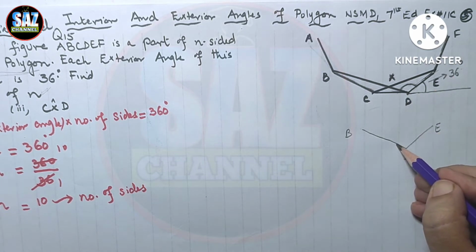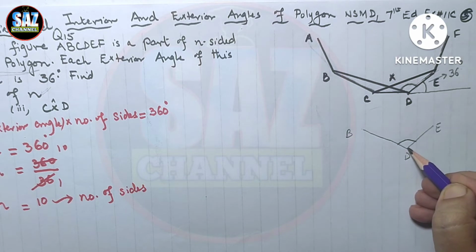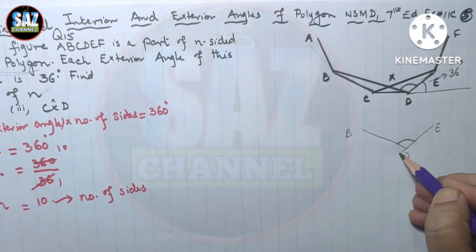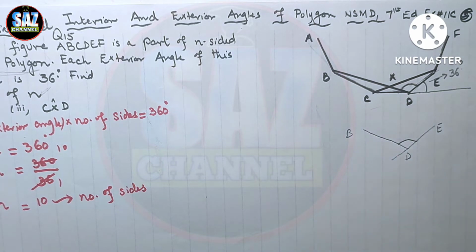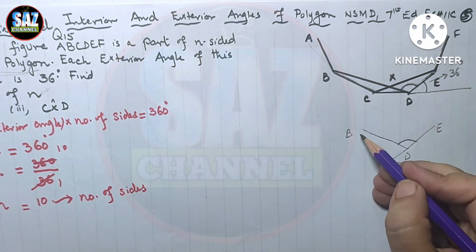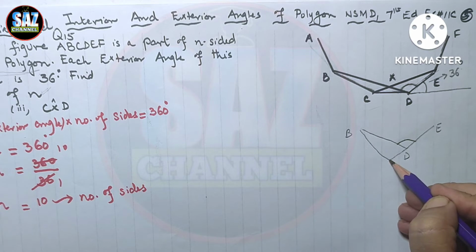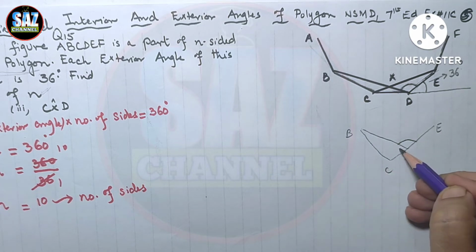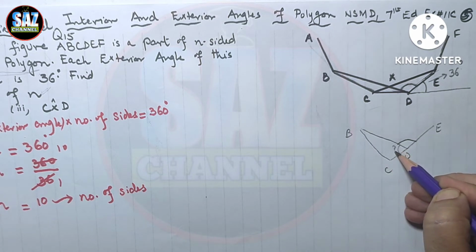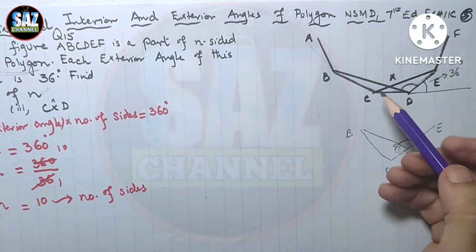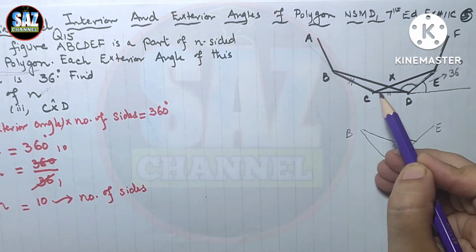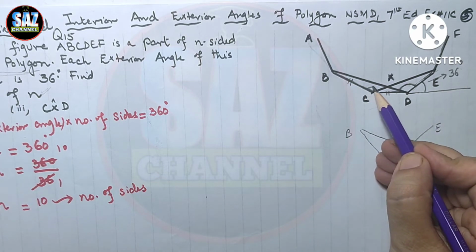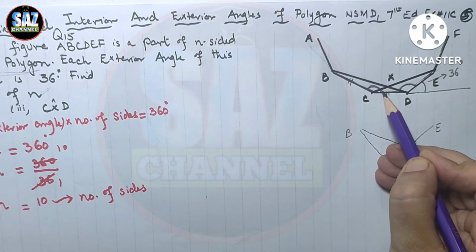some portion of angle D is in which part of the diagram? B, C and D. That is in triangle BCD, and we do not know about this angle. But if we recall that this diagram is the part of the regular decagon, we can find the size of one interior angle of that regular decagon.